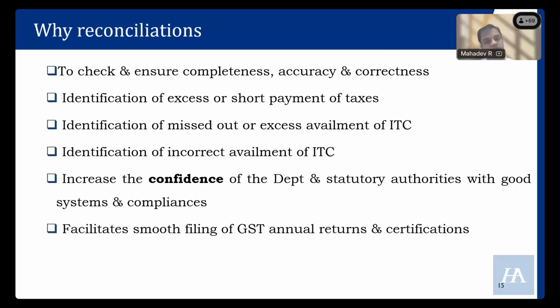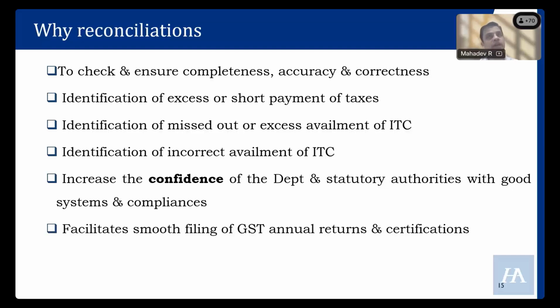So why reconciliation? It is very simple. In order to ensure that we have completeness, accuracy and correctness of the information which is being filled in GSTR 9 or 9C, we need reconciliations. There are two sections under which penalties can be levied. We have section 73.